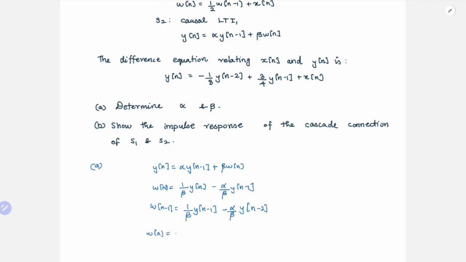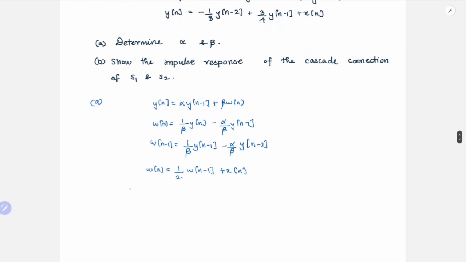So my w of n is equal to half w of n minus 1 plus x of n. So this is nothing but 1 by beta y of n minus alpha by beta y of n minus 1 is equal to 1 by 2 into 1 by beta y of n minus 1 minus alpha by beta y of n minus 2 plus x of n.